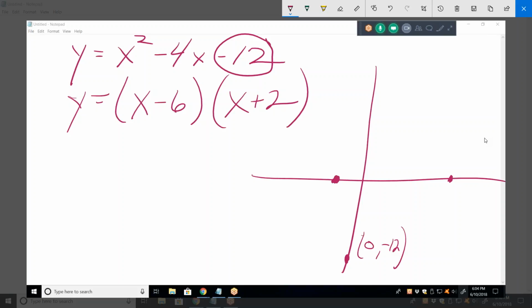Okay. Now, I can figure out the vertex if I've got a line of symmetry. Do we know the line of symmetry? That's -2. That's +6. What is the equation of that line right there?